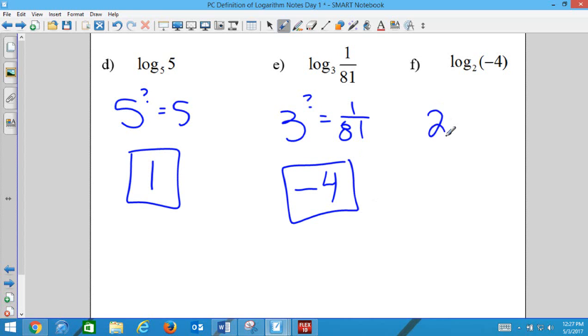F is 2 to what exponent is -4? That one was on yesterday's assignment. We can't take a 2, a positive number, to an exponent and all of a sudden make it into a -4. That's not going to happen. And I have comments about that one.